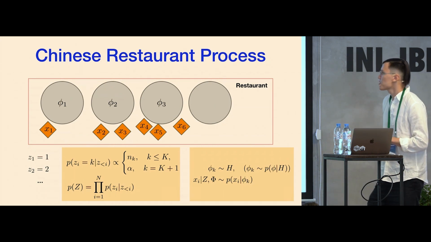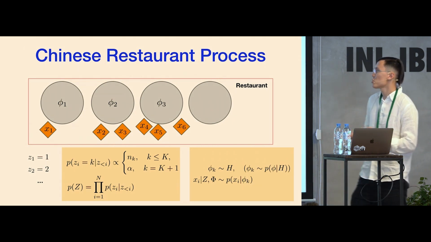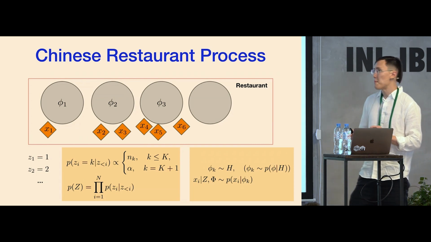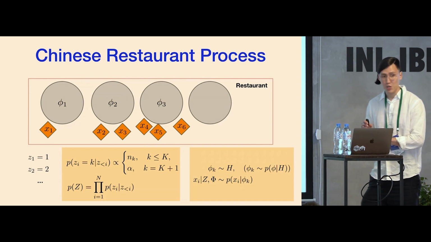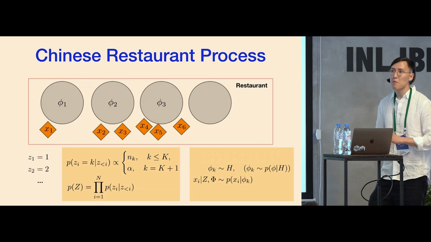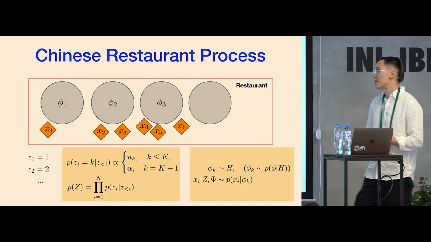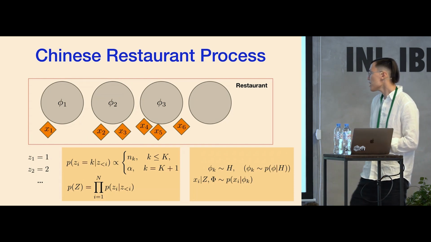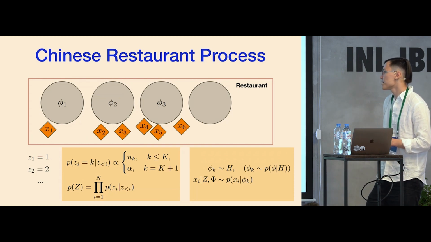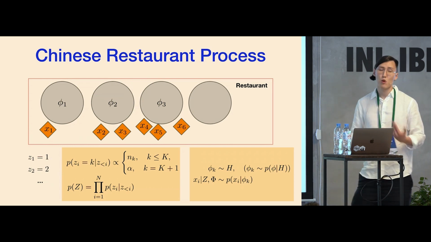So here, first, it is clear that even though it is possible that each customer may sit at their own table, which is an undesirable situation, the prior probability of this is very small, and it will be easy to discard. Second, it is also clear that this restaurant process has a clustering property.